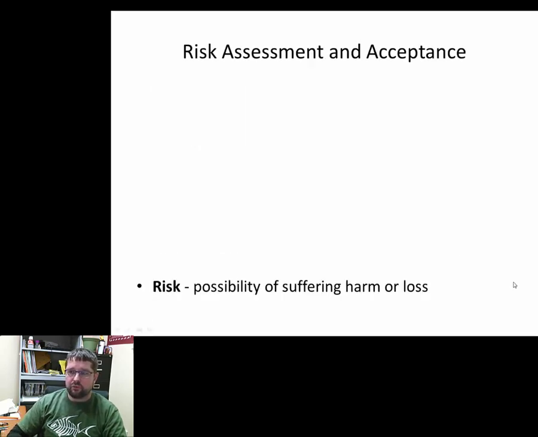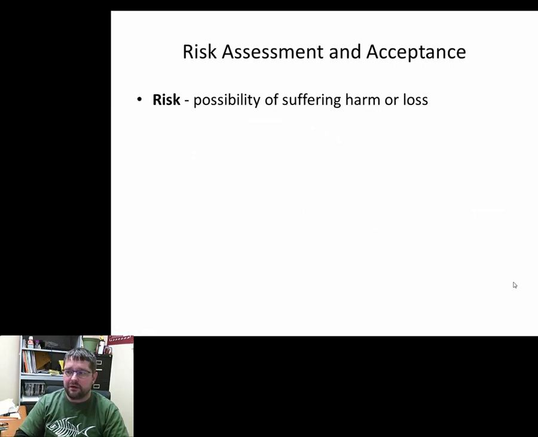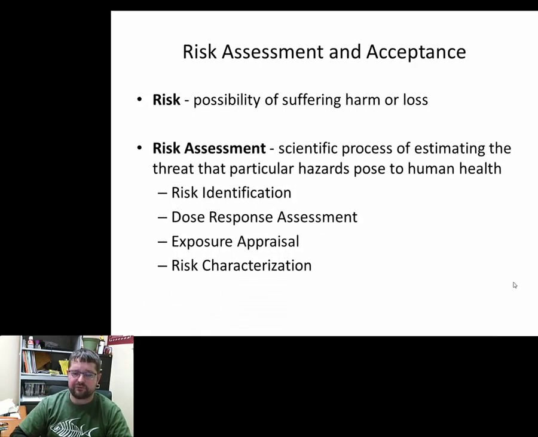So, risk and assessment, a little bit about this. Risk is the possibility of suffering harm or loss. Risk assessment is analyzing things, a benefit versus risk kind of situation.